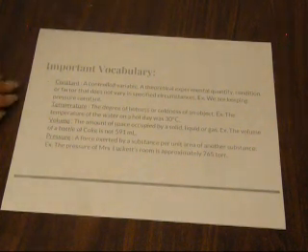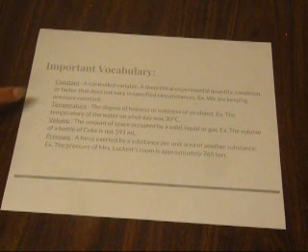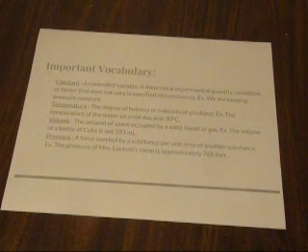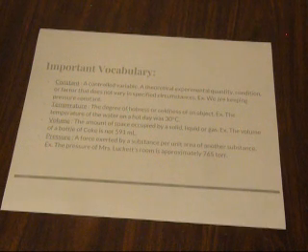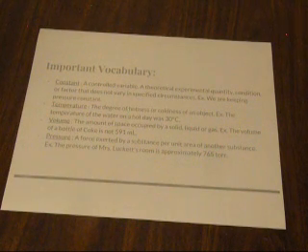So next is temperature, the degree of hotness or coldness of an object. For example, the temperature of the water on a hot day was 30 degrees Celsius. And again, remember that in most of these calculations, you will need to convert from Celsius to Kelvin.